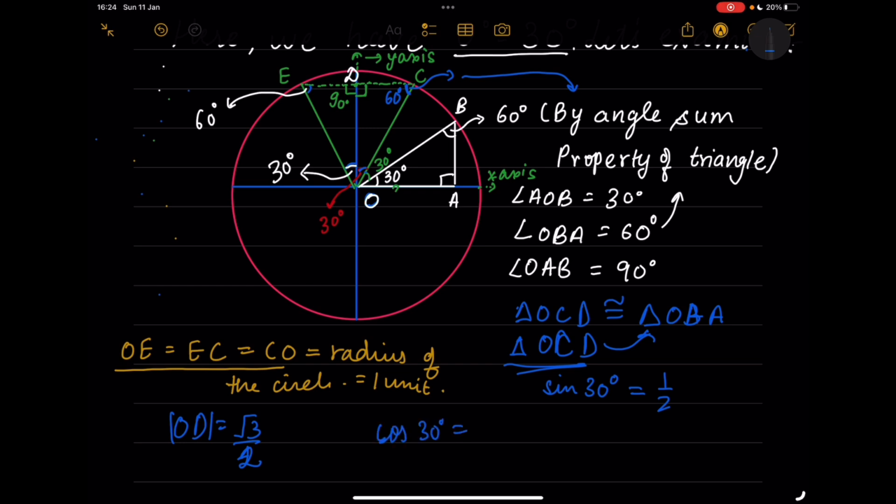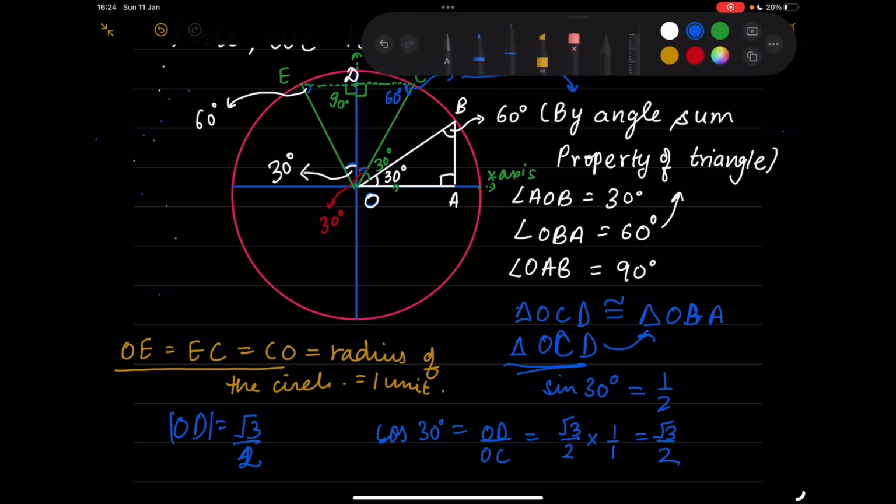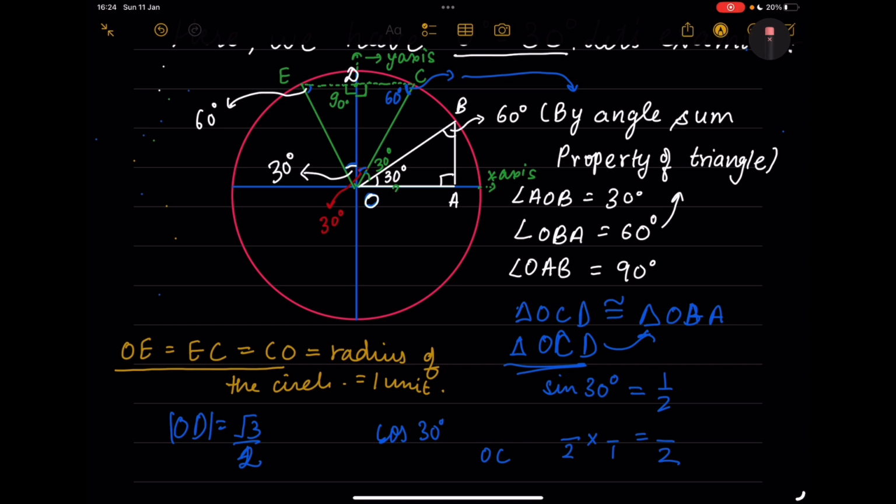Now coming back to cos 30 degree. Cos 30 degree is basically OD upon OC. OD you have found out as root 3 by 2 and your OC is 1 unit. So this is basically root 3 by 2. Cos 30 degree is root 3 by 2. Then your next thing is tan 30 degree.